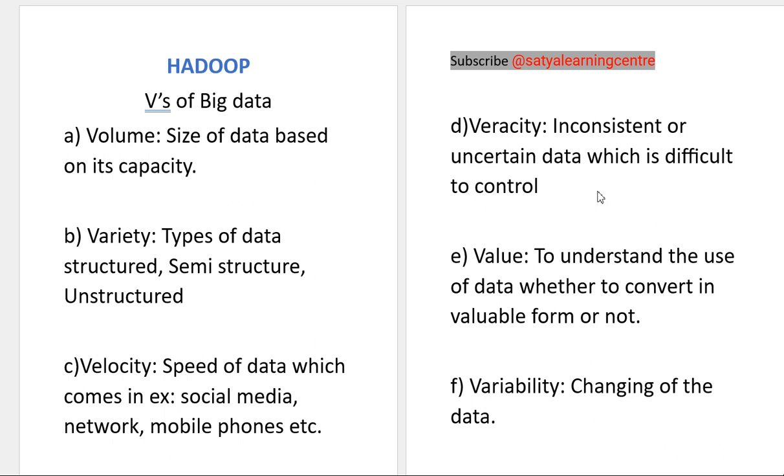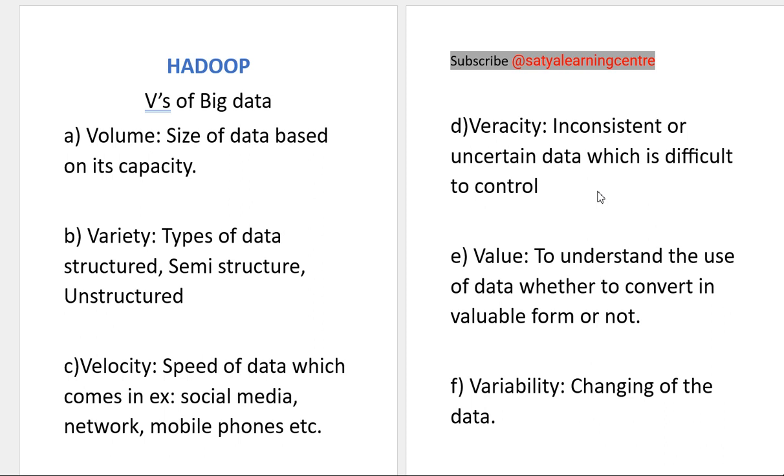So let's take an example: we have a client and they need to store some data into a database or some data warehouse. First and foremost, we should get clarity from the client on how much data is required to be stored or processed.